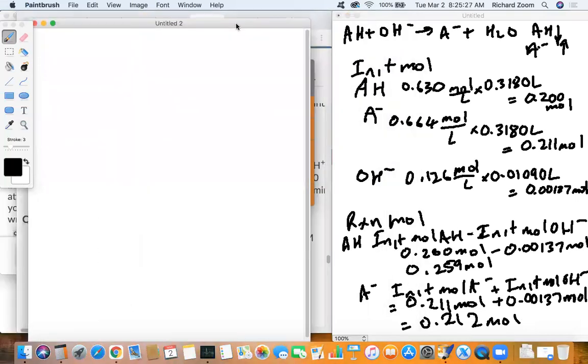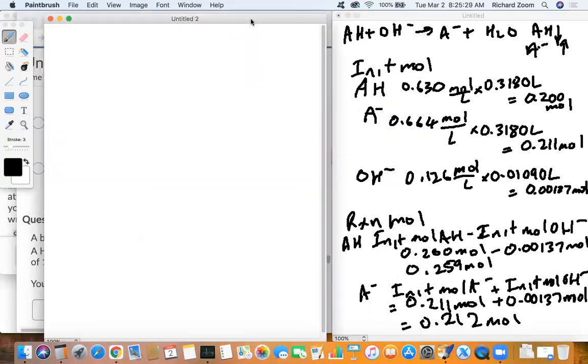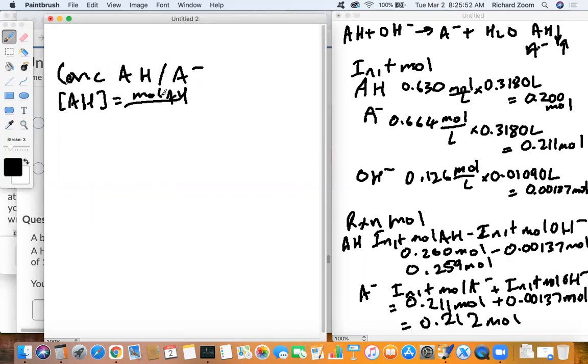The next step here is to figure out the concentrations. So the concentration of AH and A minus. So the concentration of AH is going to equal the moles of AH over the total volume in liters.